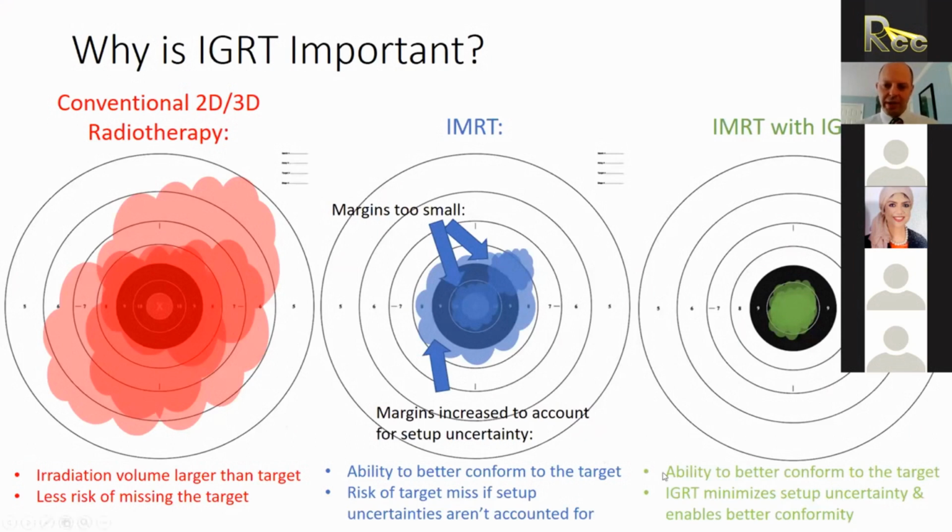So to summarize, we have an ability to better conform to the target, and image guidance minimizes the setup uncertainty and enables better conformity. This is a summary of why image guidance is important and how it fits into other technologies like IMRT that have been developed and implemented in the clinic.